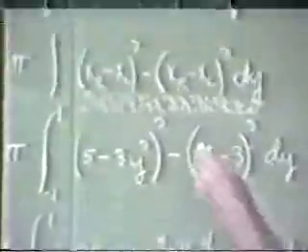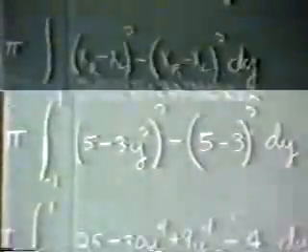Then minus inside radius. Looking back at the figure, what is the inside radius? For the inside radius, x right is 5, x left is 3. No matter where you put that strip, it's still 5, it's still 3. So for the inside radius, x right is 5, x left is 3.